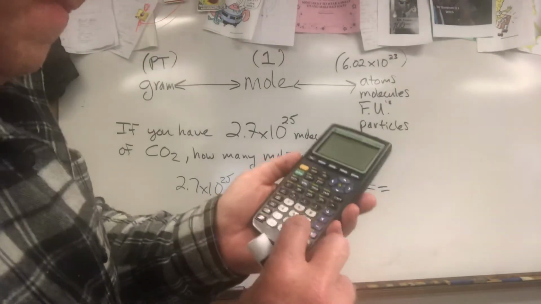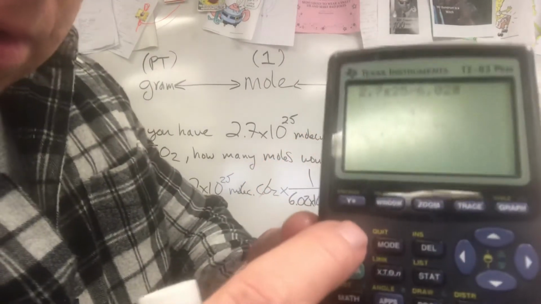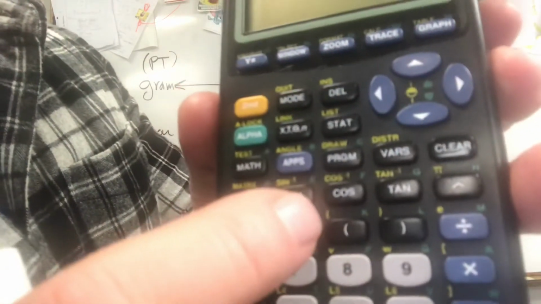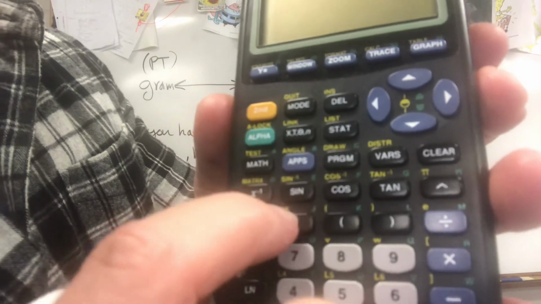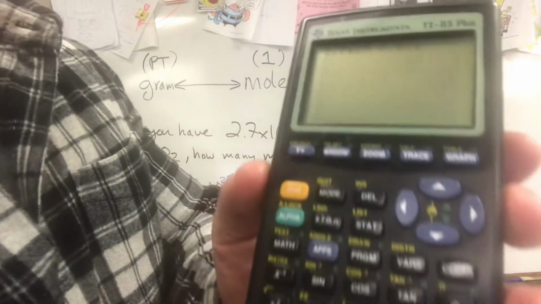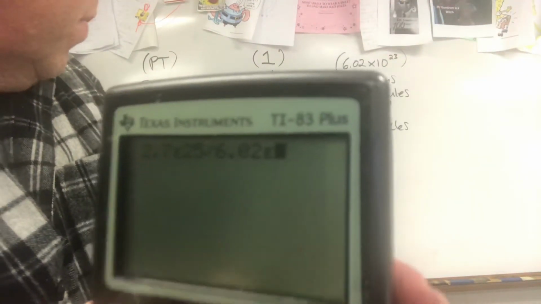So divide 6.02. I always hit second function, and there's an EE, that means exponent. Second function, EE exponent, so I hit that button, and it gives me a little flashing cursor up here, and I can put whatever I want there. And I want to put 23.